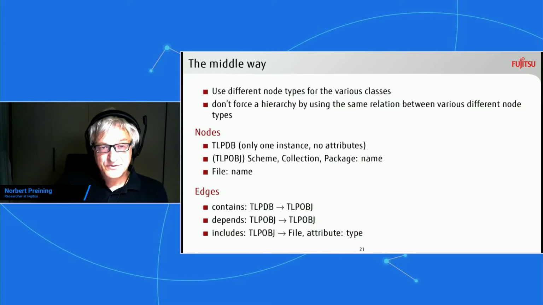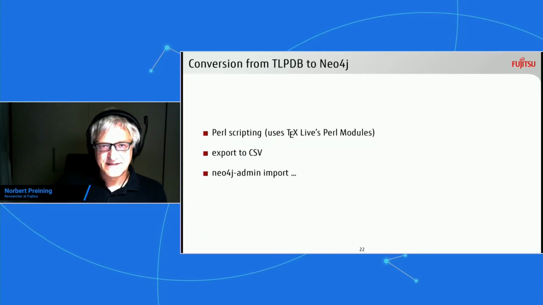It has an attribute type. You might not have seen it, but we have a distinction between run files, so actually needed for running, documentation files, and source files. And you can also install them separately. So we separate them, and this is the attribute. So how to actually go from the TeX Live database, which is a few megabytes, I don't know how big it is at the moment, to the Neo4j database?